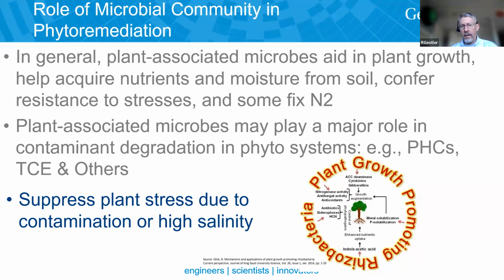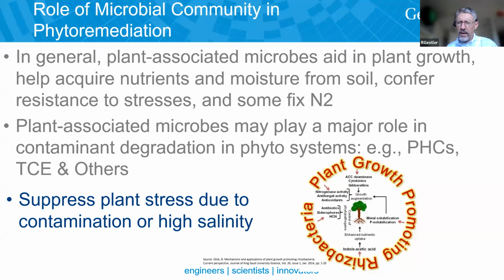So we know that these plant-associated microbes can play a significant role then in the contaminant degradation of some phytosystems. That's particularly true for things like petroleum hydrocarbons, some of the chlorinated solvents like trichloroethene, and a number of other target contaminants we may apply this to. And lastly, one of the big benefits, again, is the ability of certain microbes to actually reduce plant stress that may be associated with high contaminant levels or high salinity.